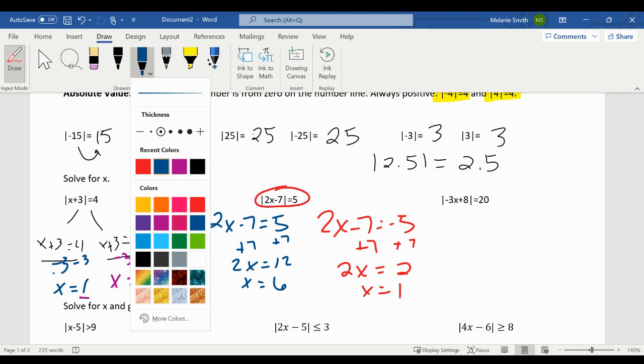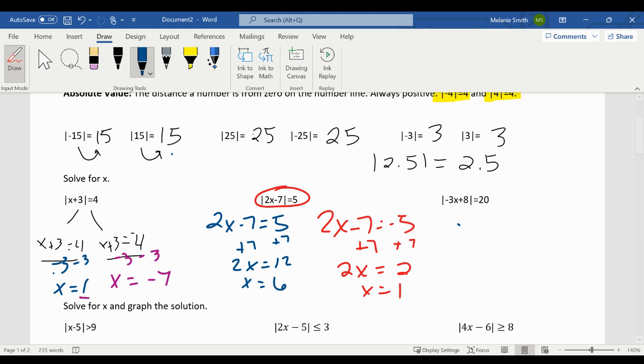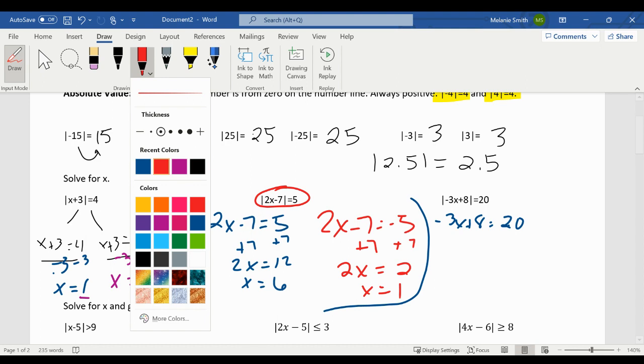All right, so first thing you should have done is broken this down into negative 3x plus 8 equals 20. I'm going to draw a line around here. Let me try that again. Got to move it over. Okay, negative 3x plus 8 equals 20. And then we're going to do negative 3x plus 8 equals negative 20.